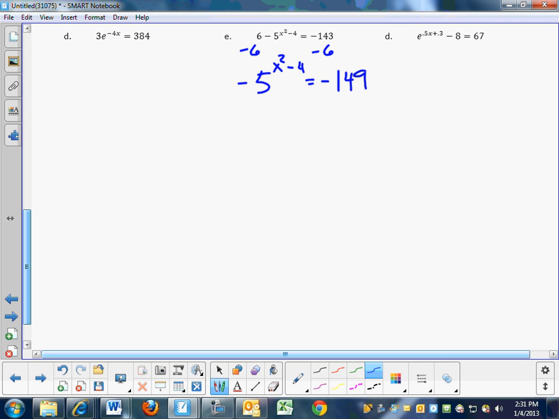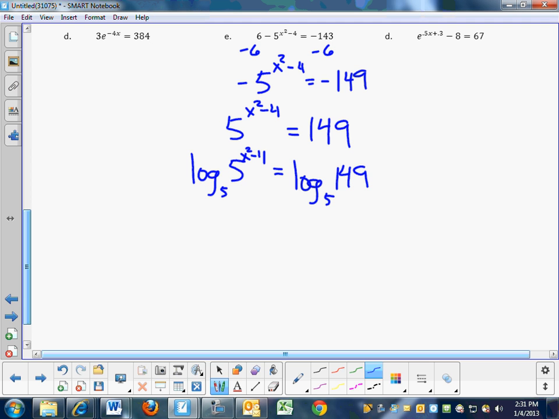Now what to do to both sides? Divide out the negative. 5 to the x squared minus 4 is equal to 149. Log base 5 of both sides. I need log base 5 of 149.